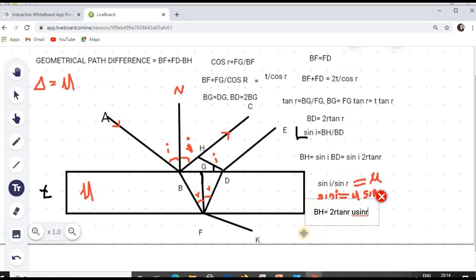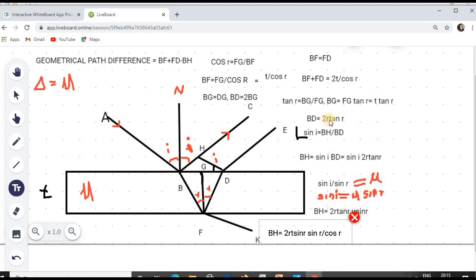So I can write BH as 2r mu sin square r, or sin r into sin r divided by cos r.